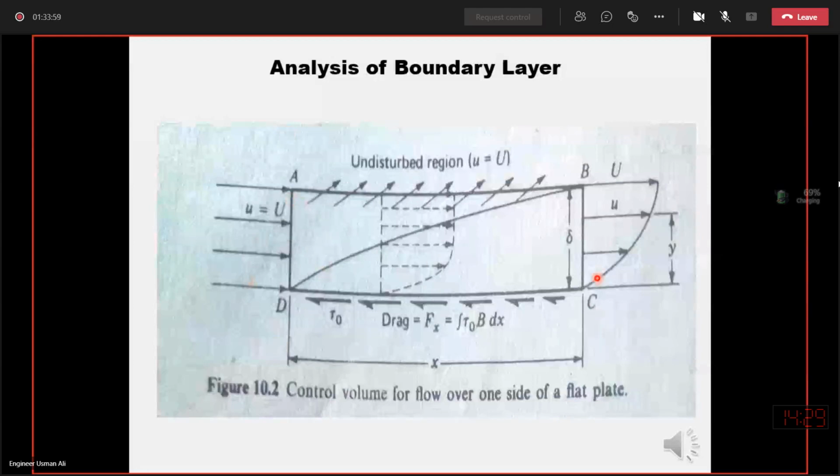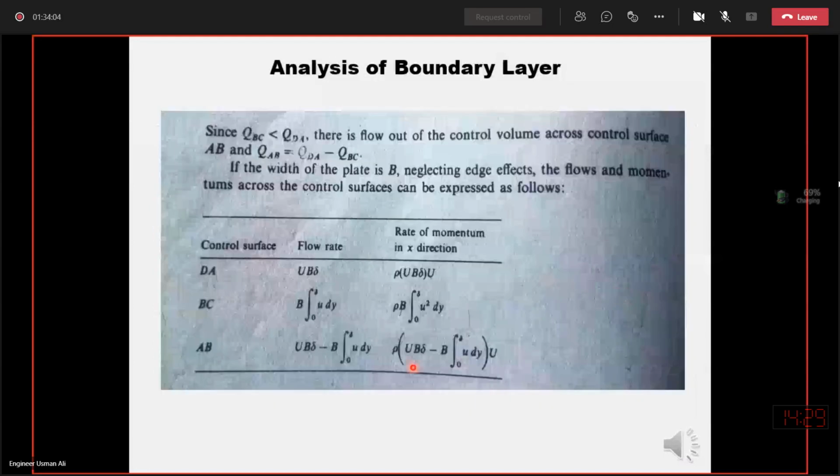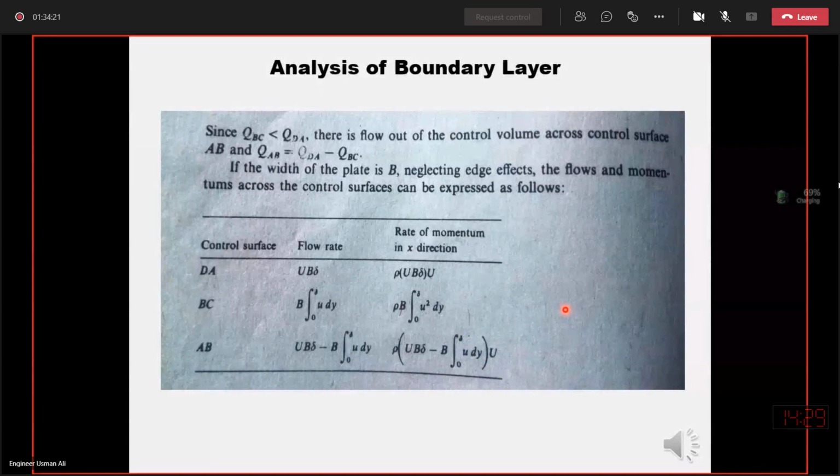Similarly, for the momentum, we know it is rho into Q, this one, into the velocity. So rho Q into V, or rho Q into U, is the momentum at the control surface AB. So this is how we can write the flow rate and the rate of momentum at the control surfaces DA, BC and AB.